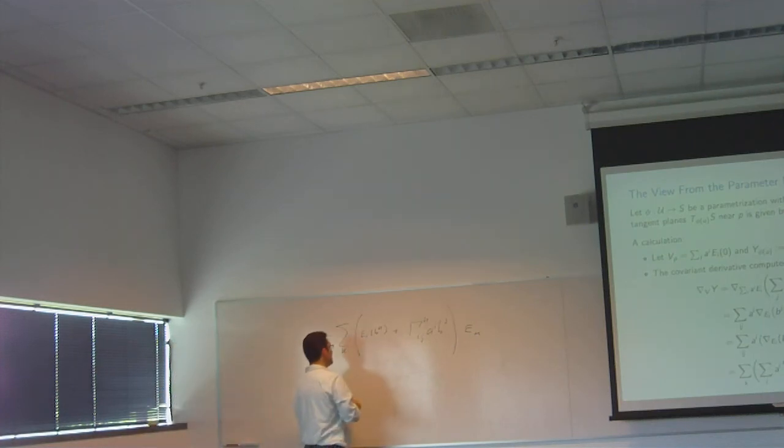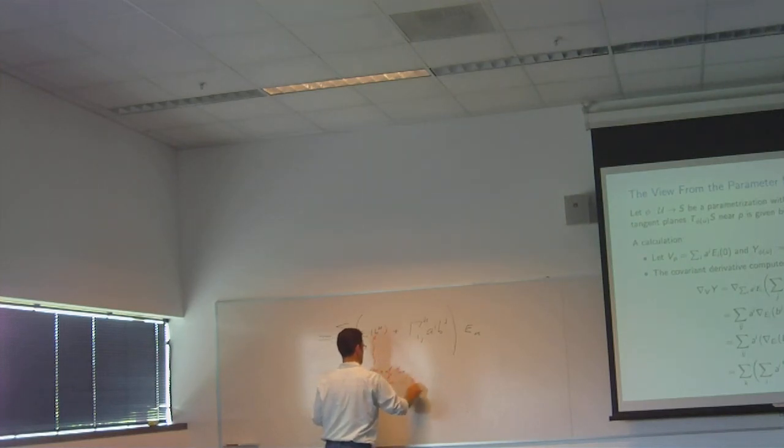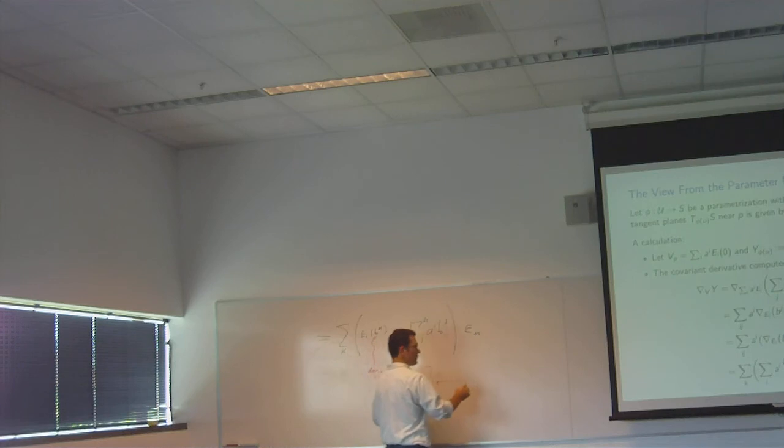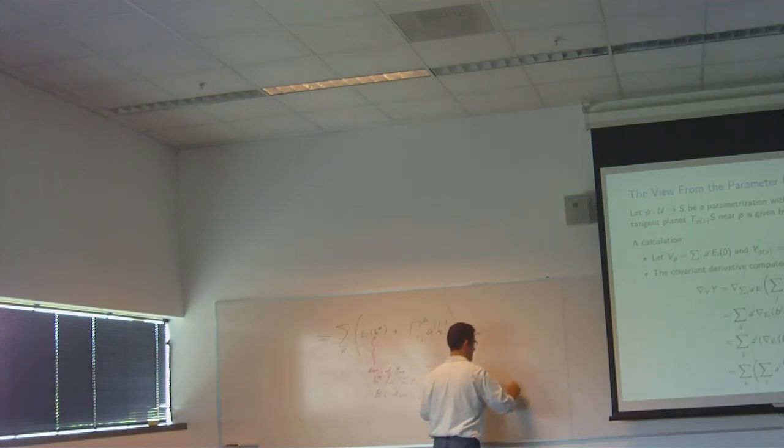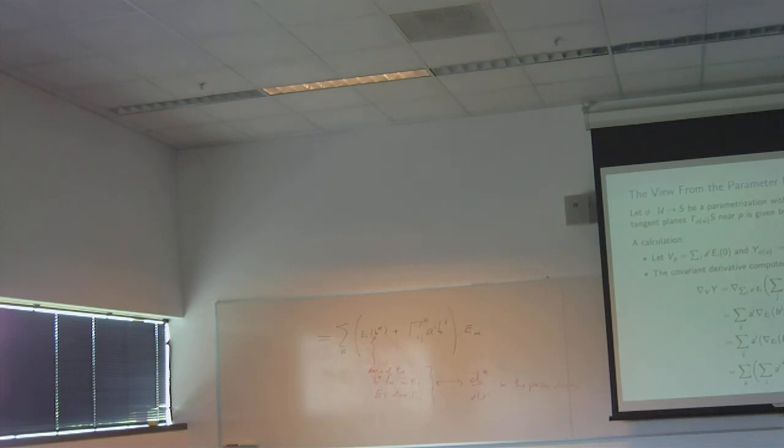Okay, right. So what's this? This is the derivative of the BK function in the EI direction, which is dBK dUI in the parameter domain. In the parameter domain, the E1 direction is little e1 or just 1, 0.